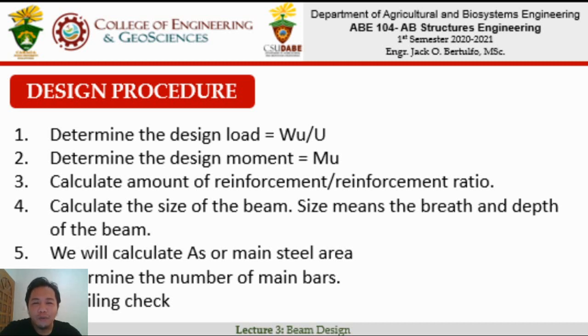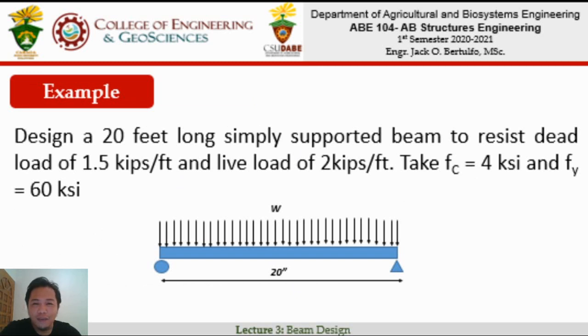Then if you can calculate the main steel area, we can determine the number of main bars. After that, we will do a detailing check so that we can check if our design is safe or not. I think the best way to describe the design procedure is by simply giving you an example.